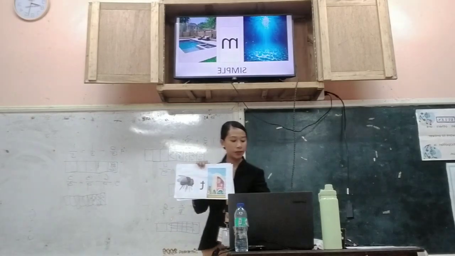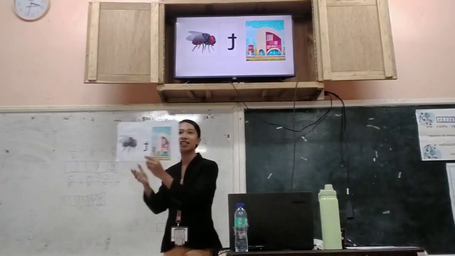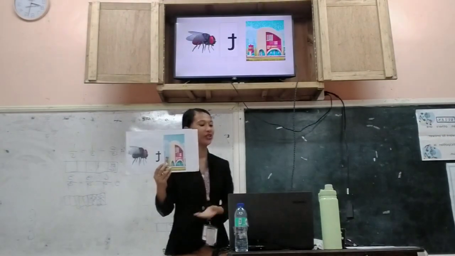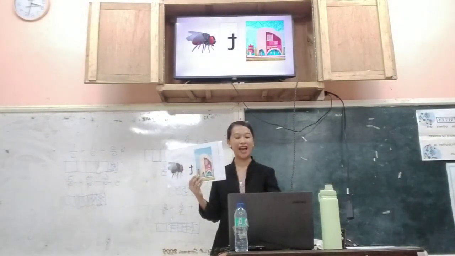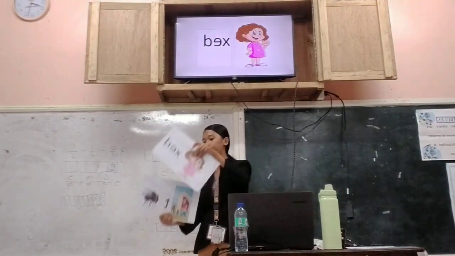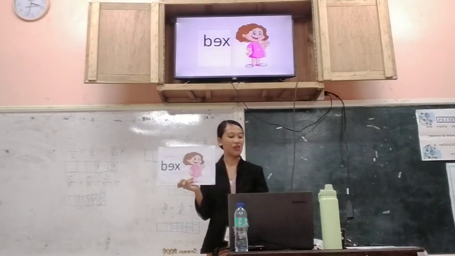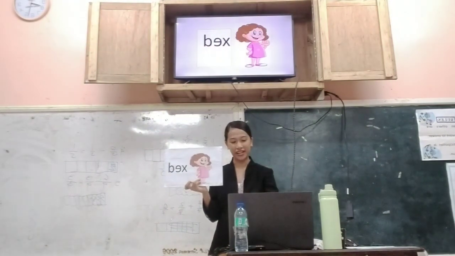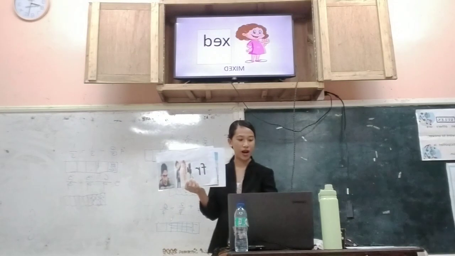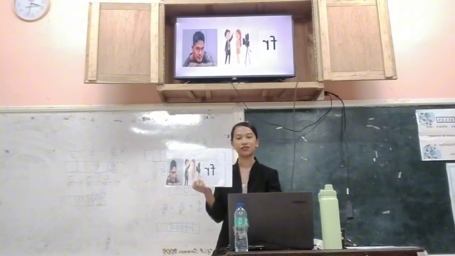For picture number 2, what do you think is this? Multiply. Very good, it is multiply. And for the third picture, mix. Very good, it is mix. And how about this one? Fraction.